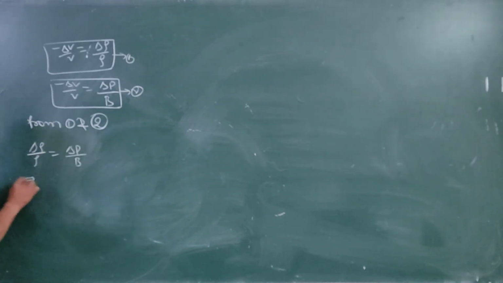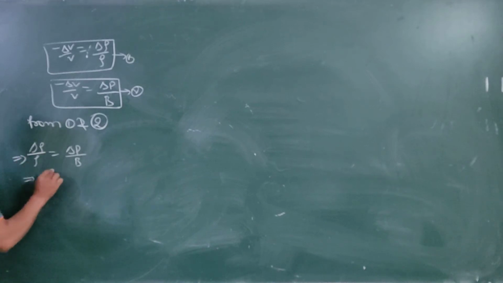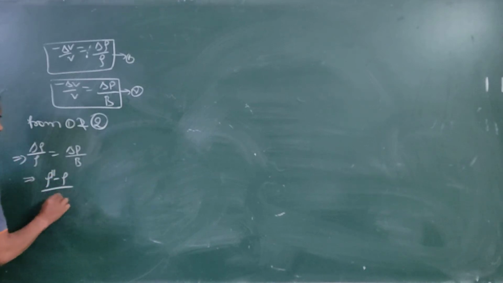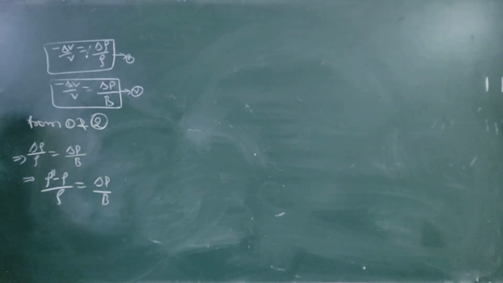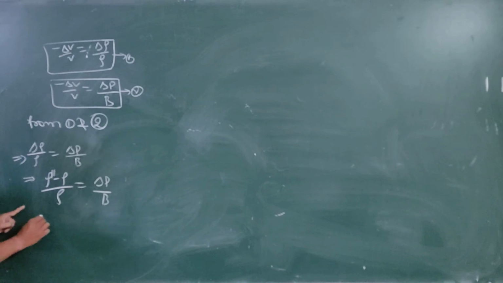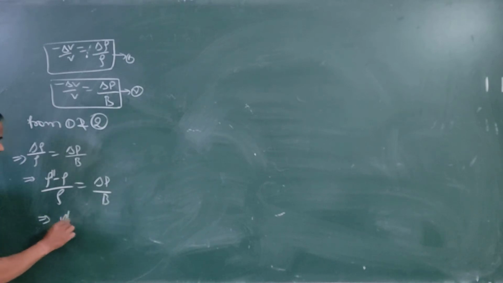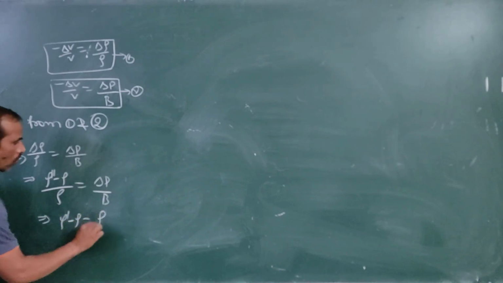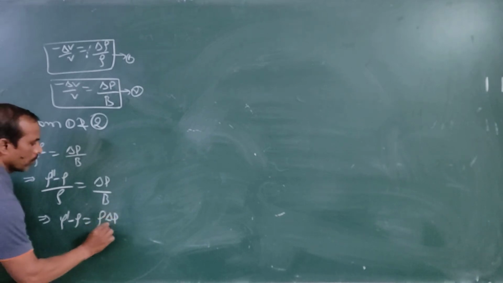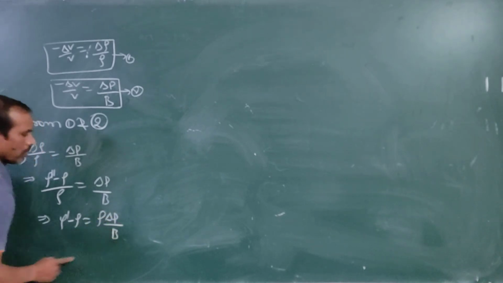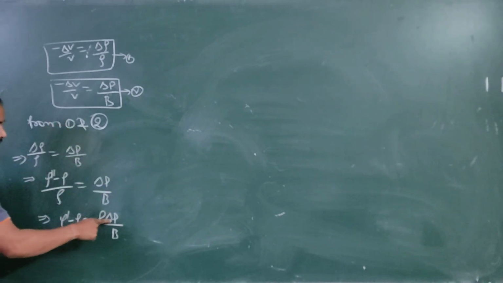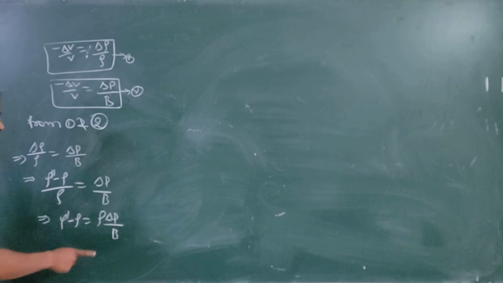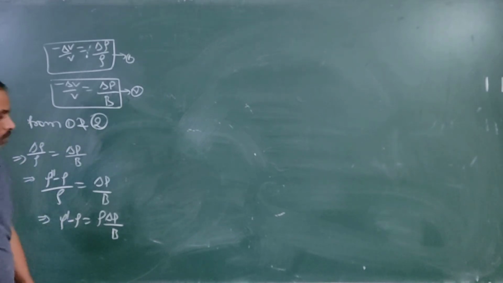So it simplifies: rho prime minus rho by rho is equal to delta P by B. Simplifying, rho prime minus rho is equal to rho delta P by B. Rho means density of the given liquid, delta P means change in pressure, and B means bulk modulus.